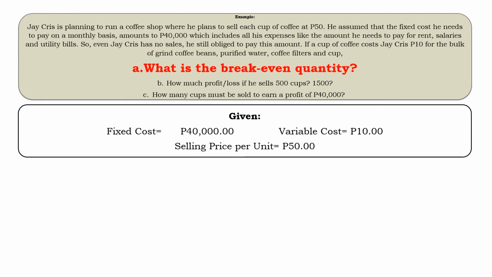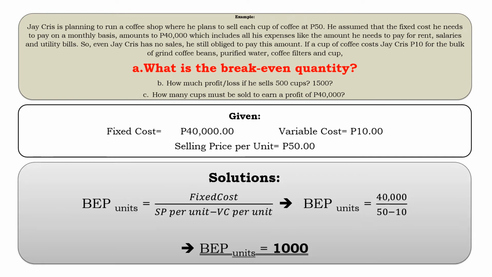Now let us answer first the question, what is the break-even quantity? For the solution, the formula that we are going to use is break-even point in units is equal to fixed cost divided by selling price per unit minus variable cost per unit.